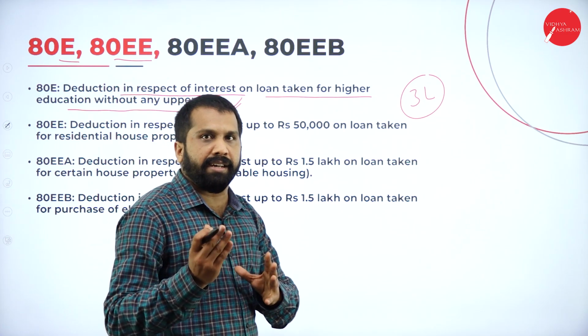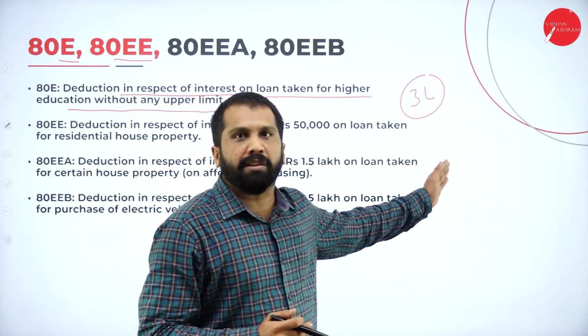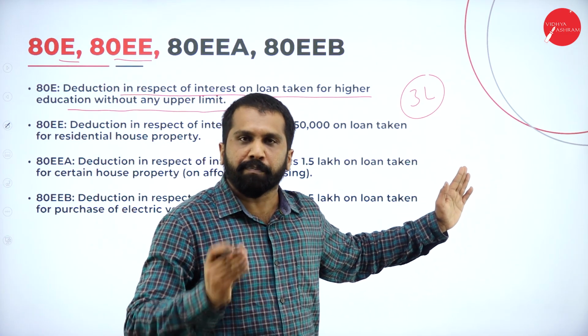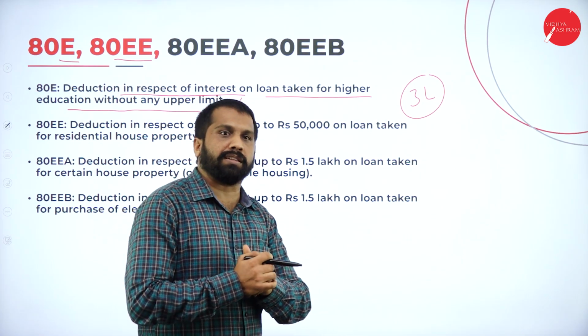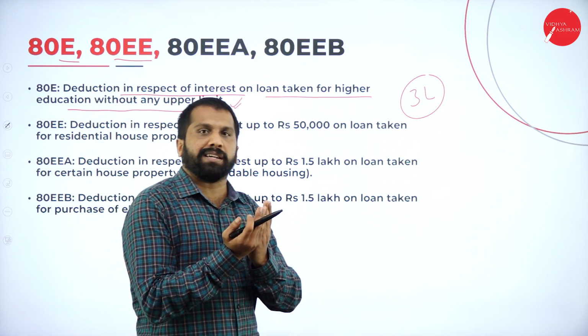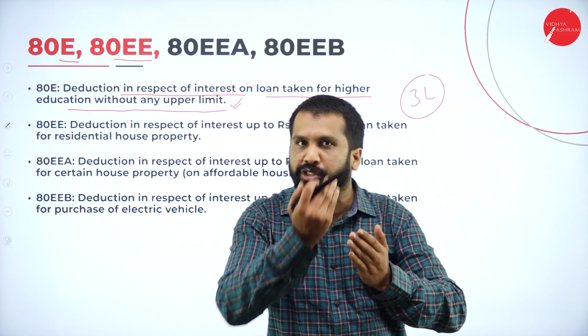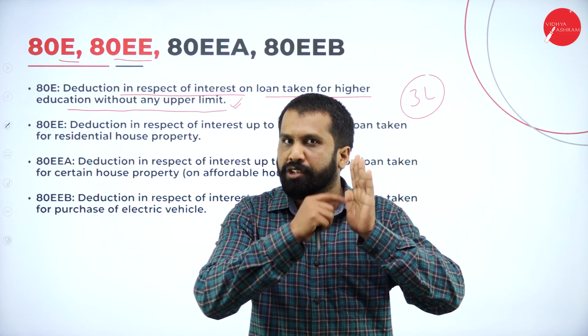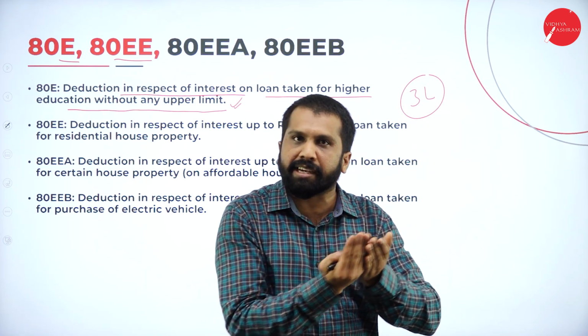Few parents are there whose annual income itself will not exceed 3 lakh. In such cases, what will the parents do? They will go to the bank. Whatever documents are given by the MBA college, all your fee structure, everything, they will take to the bank.